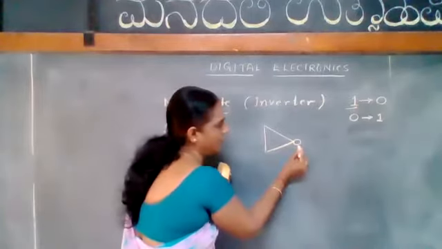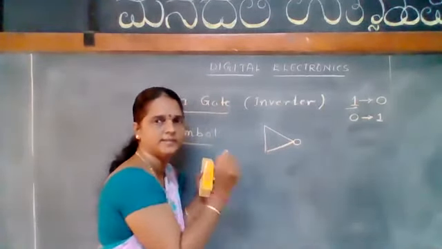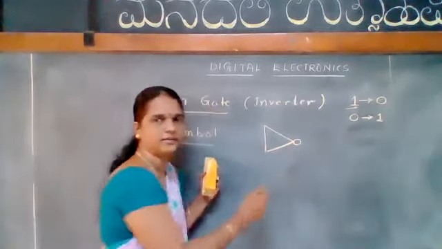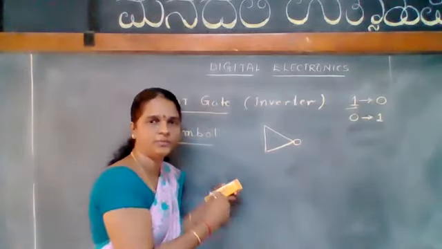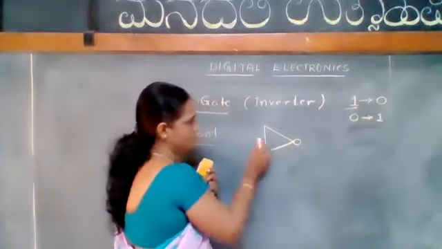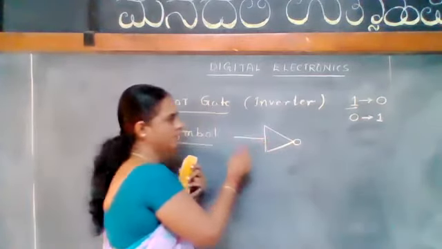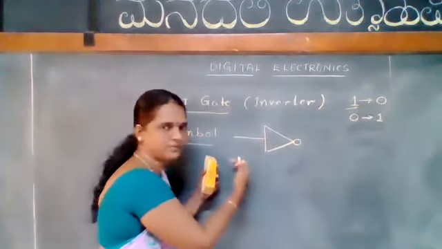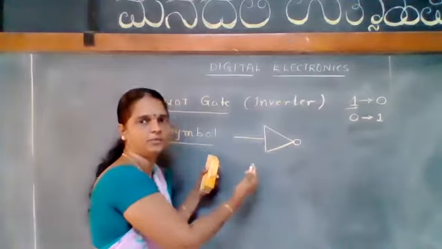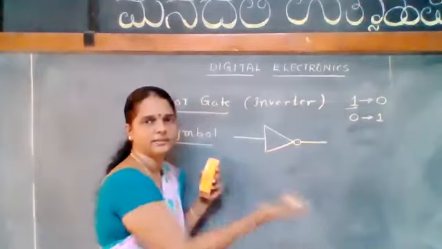If we write a small circle like this, that indicates that it is inverted. The input is inverted at the output side. This is the symbol. Whatever we write to the left side indicates the input. The output is represented at the other side.